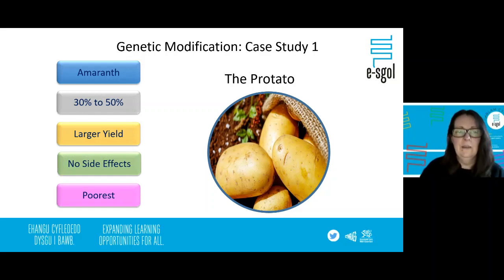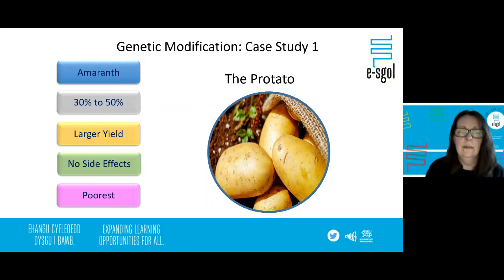And by doing so, scientists have increased its yield and increased the size of the potato from between 30 to 50% increased yield. So not only are people getting the carbohydrate from the potato, the Protato, they are also getting a source of protein as well.